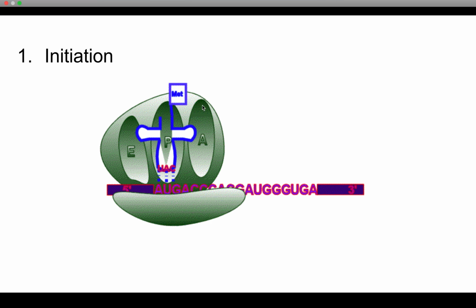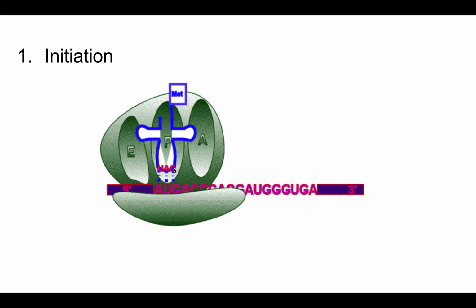And in some animations, this tRNA needs to bind to the AUG first before the large ribosomal subunit attaches. The textbook also said that. So this needs to attach first before your large ribosomal subunit comes in.